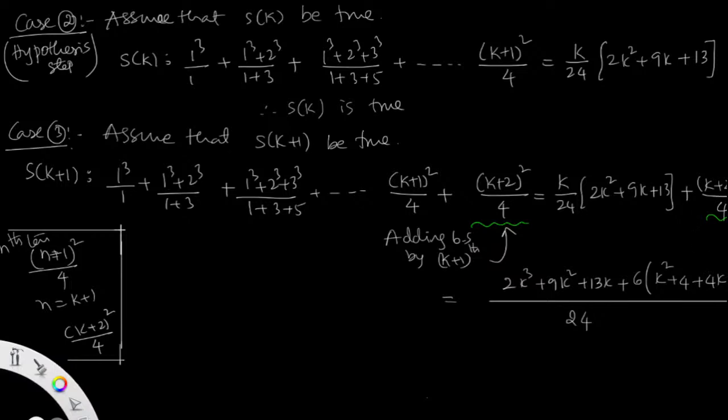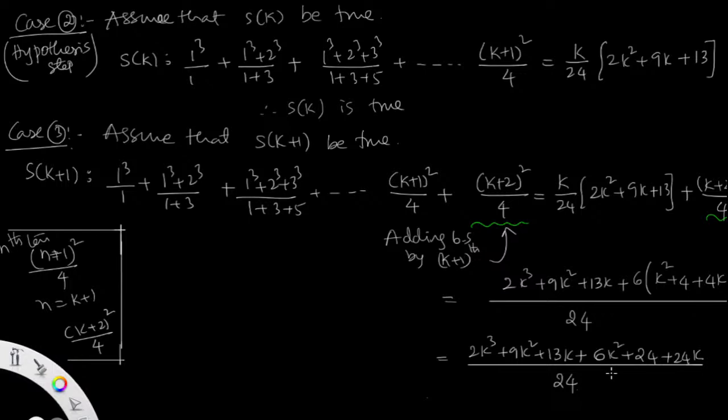A plus b whole square form. Now simplify: 2k cube plus 9k square plus 13k plus 6k square plus 24 plus 24k, divided by 24.